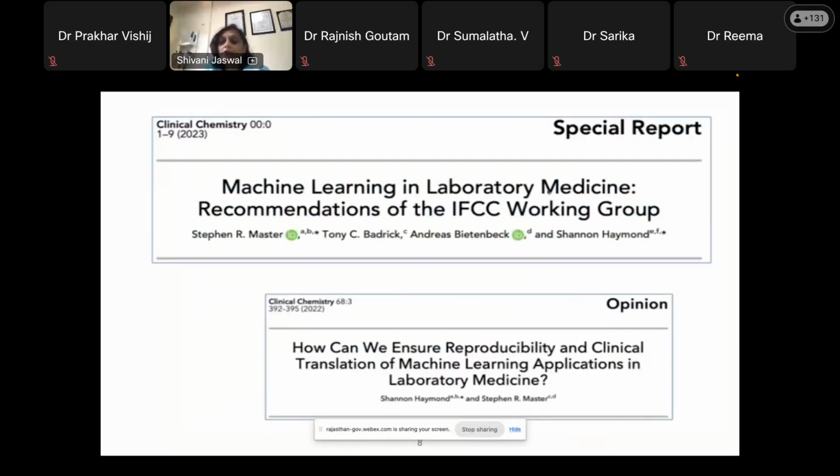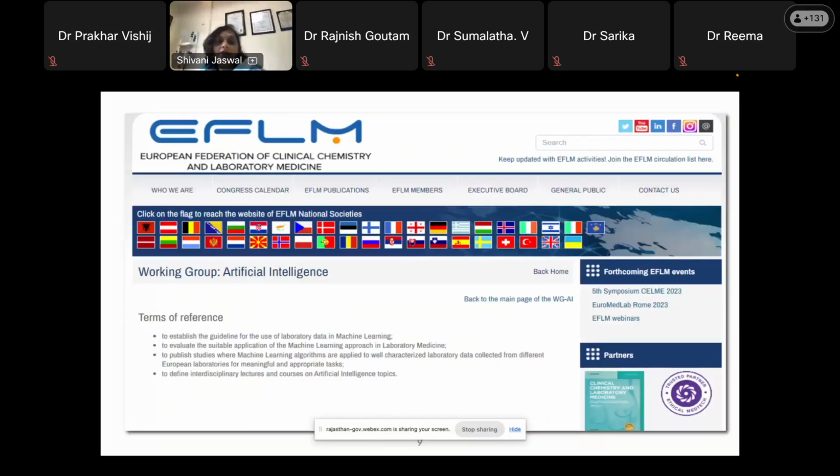In fact, work on implementation of AI has already started, and we have an IFCC working group that gives recommendations for the use of these machine learning tools in laboratory medicine. Even the European Federation of Clinical Chemistry and Laboratory Medicine has a working group again on artificial intelligence, which is also looking at how these tools can be effectively utilized in our daily laboratory practice.